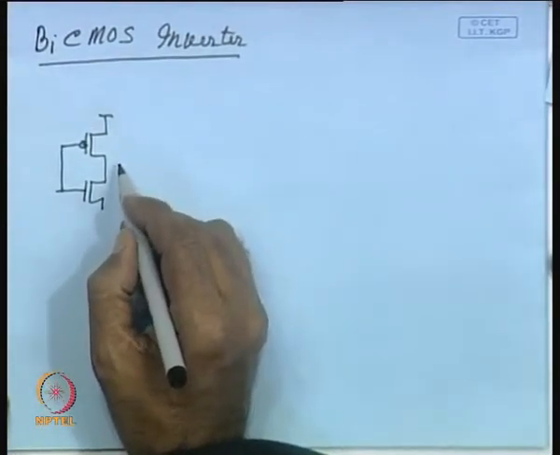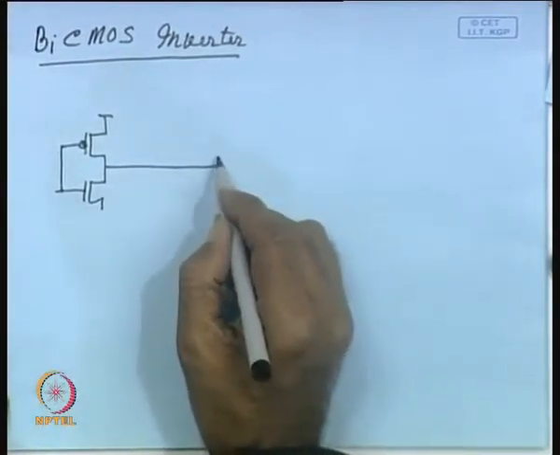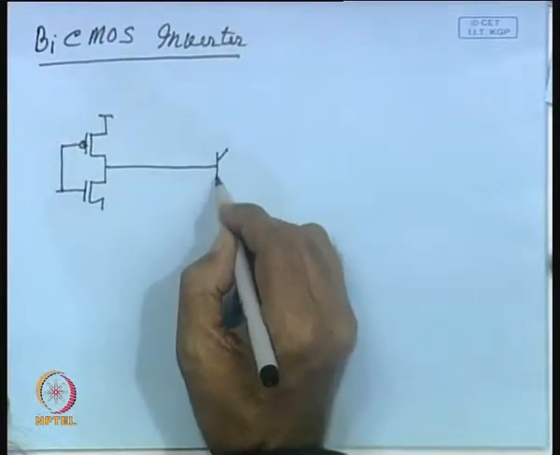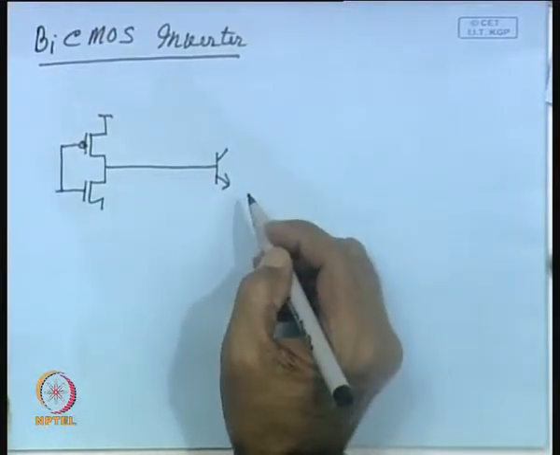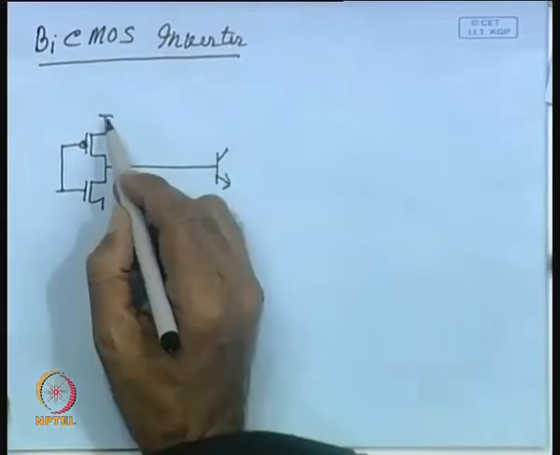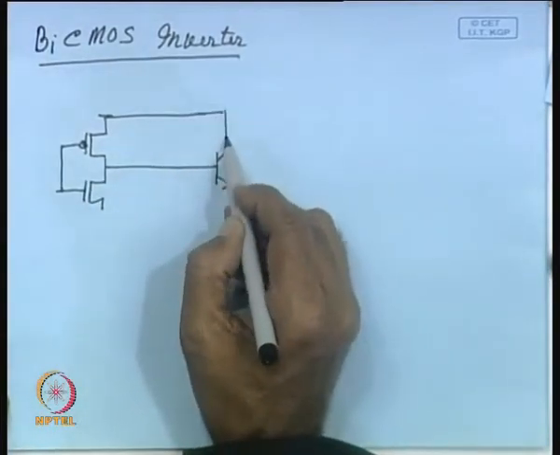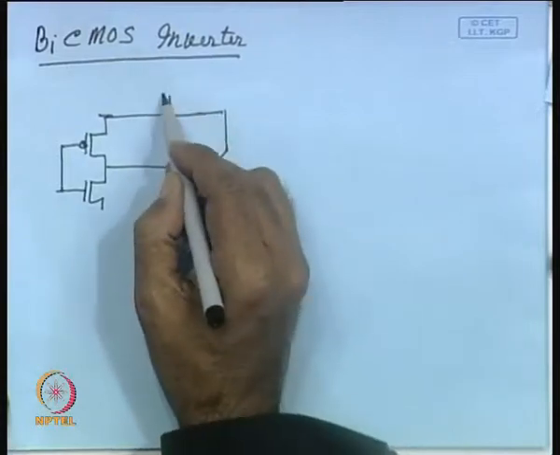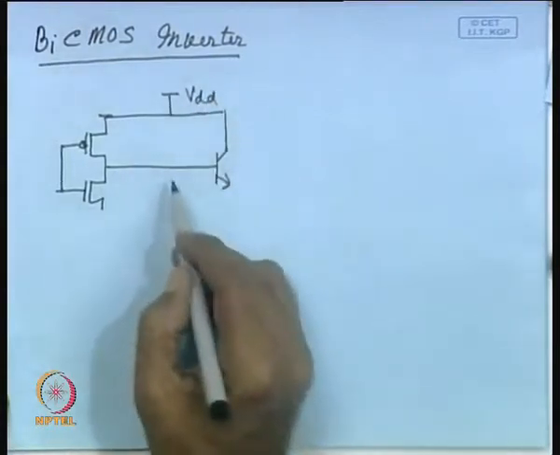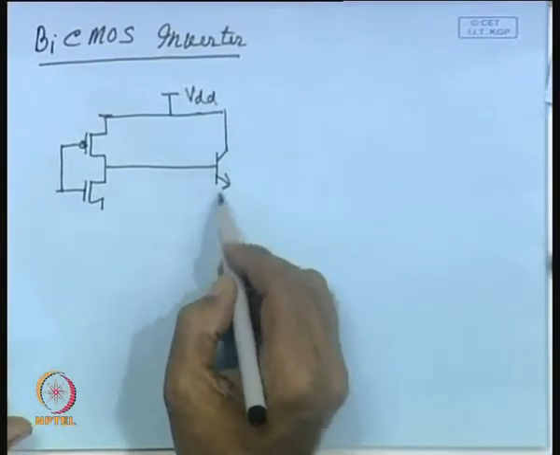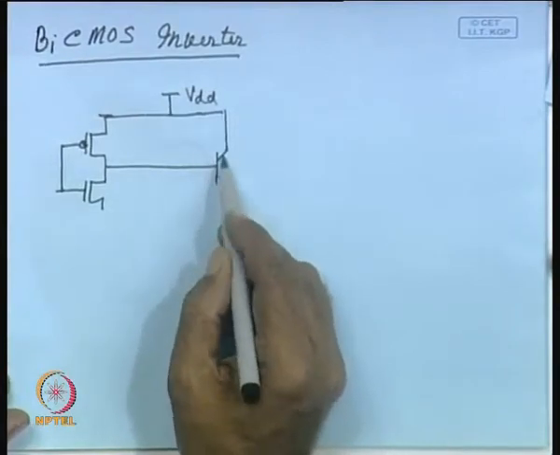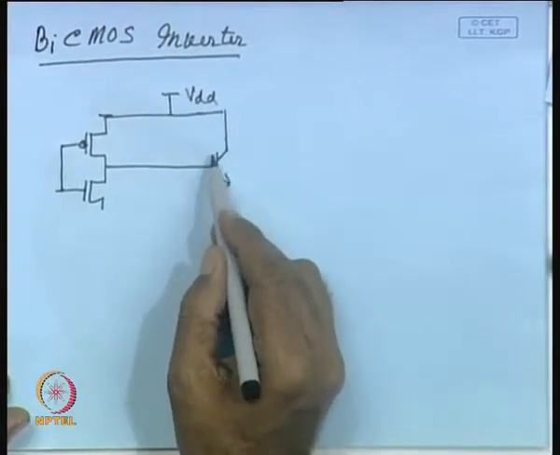Now, this output is driving a bipolar transistor. So, you can see this is an NPN type transistor connected to VDD. So, instead of driving using a MOS transistor, a bipolar transistor is used.